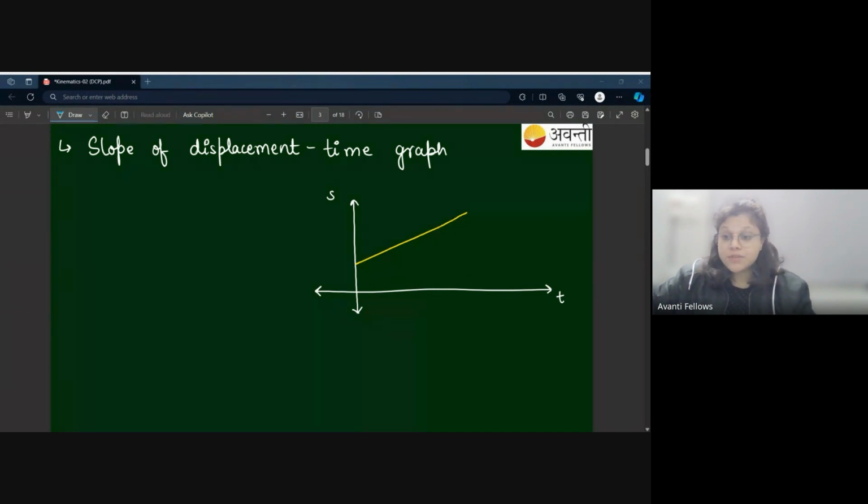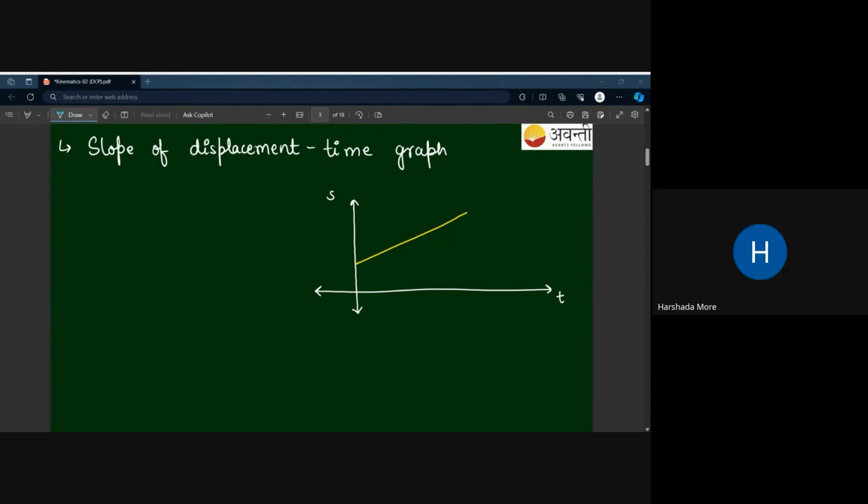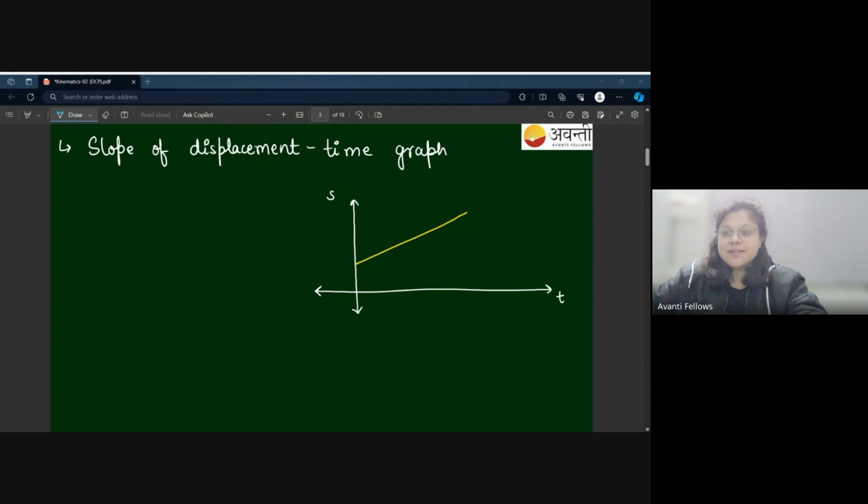What is the slope of the displacement-time graph? Anyone? Has it been too long? No, ma'am, it means velocity. Thank you, Arsh. That's velocity.